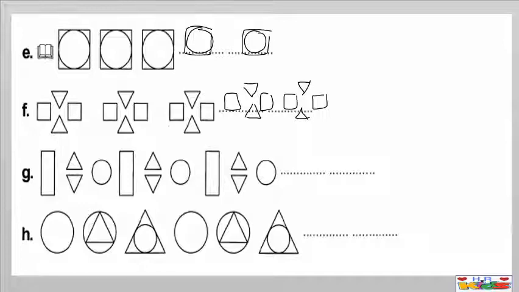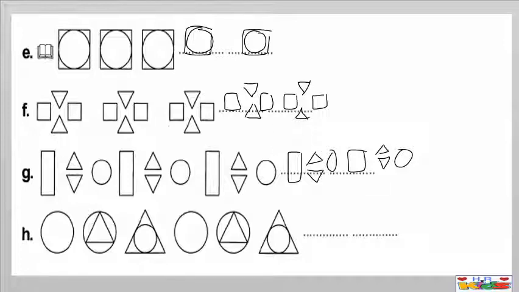Then rectangle, 2 triangles, circle, repeated. So you can make the same: rectangle, 2 triangles, circle, then rectangle, 2 triangles, then circle.